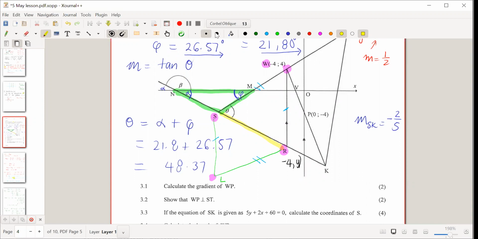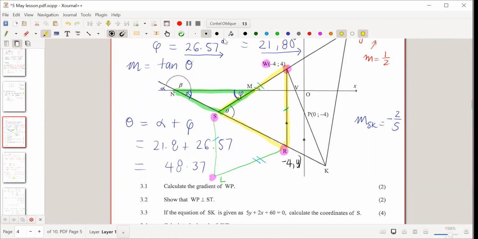Do you remember the definition of congruent? Congruent means they're identical, everything is the same, right? So the lengths of the sides are the same, the area of the two triangles would be the same. So if you can find the area of triangle SWR, then you simply double it and you will get the area of the entire parallelogram.